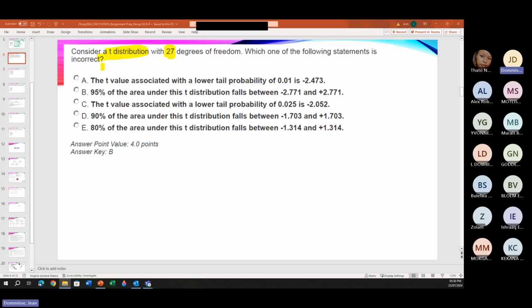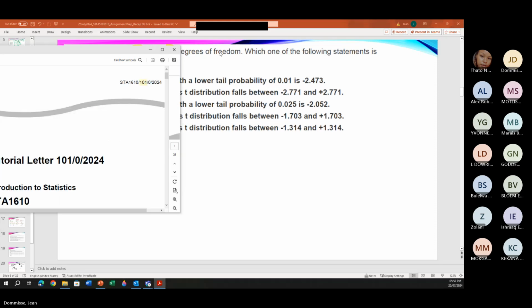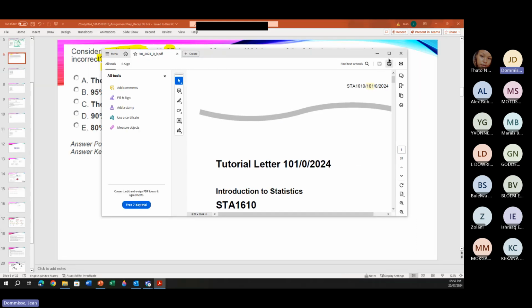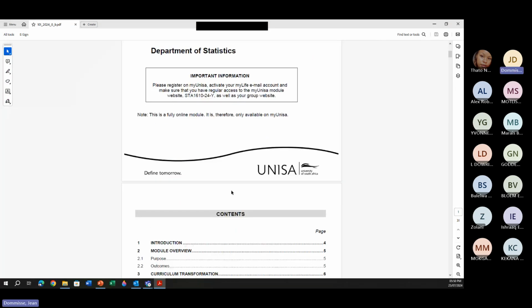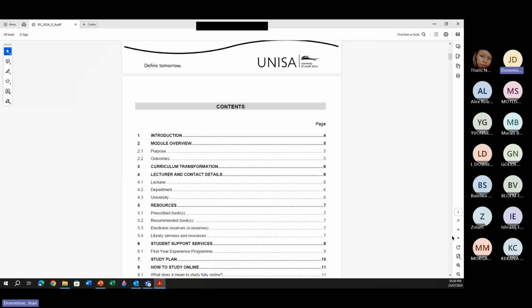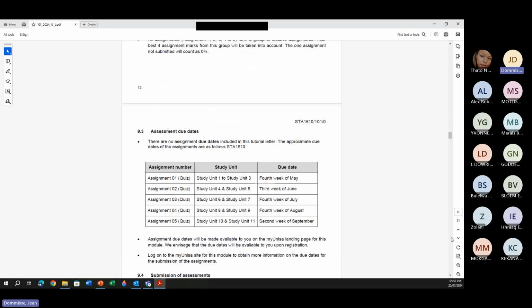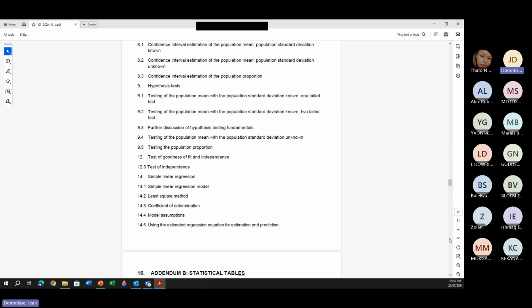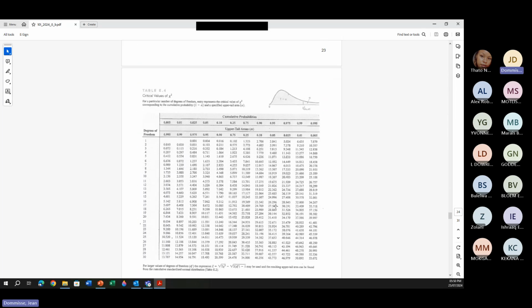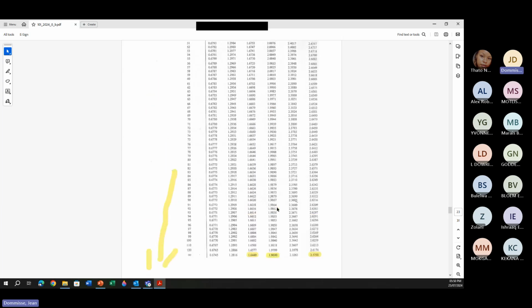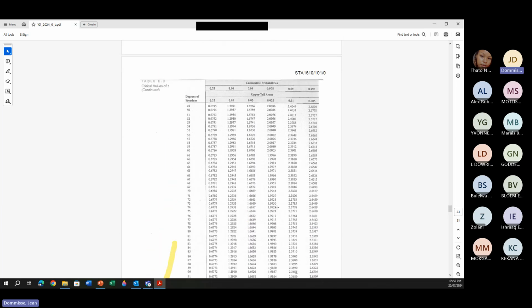And again, I'm going to use the one that was shared as your TUT letter 101. Let's just get to that, and we will now jump a bit between the table and the question.